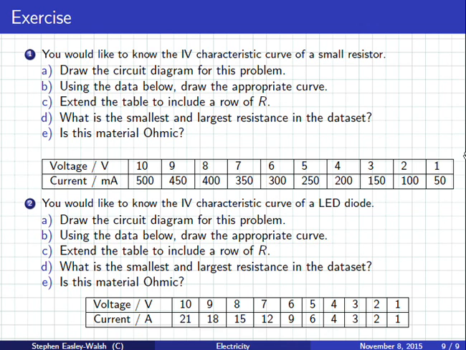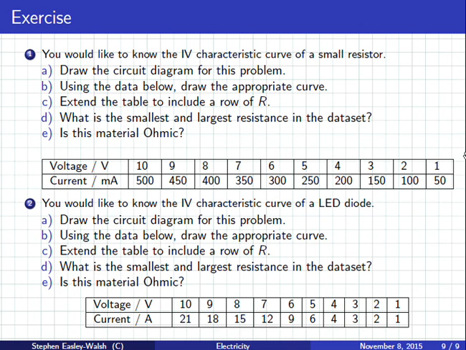When the voltage and current is big, you have more resistance. But when it's small, you have constant resistance. Why do you think that is? Well, let me show you why. Oh yeah, and the last part of the question is, what's the smallest and largest resistance, and is it ohmic? No. And here's the smallest and here's the largest.